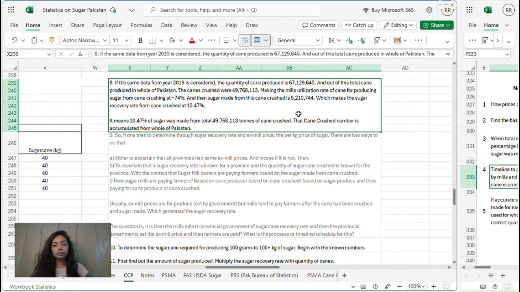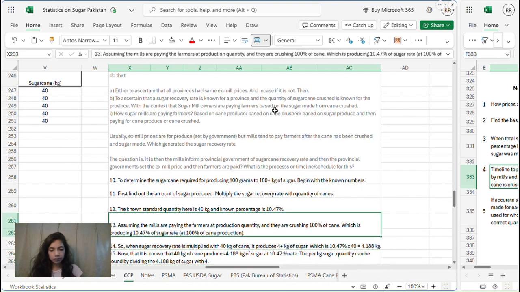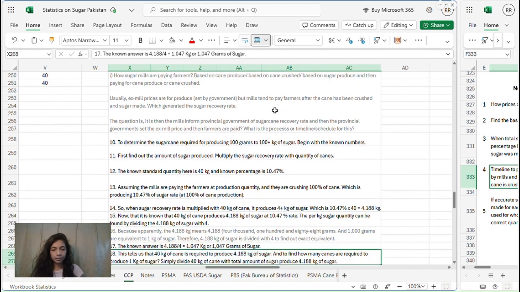So you are always going to go to the second point, and from the second point you refer onwards further in the cycle, that is the sugar made and the sugar recovery rate.